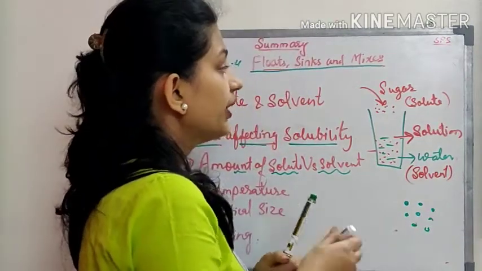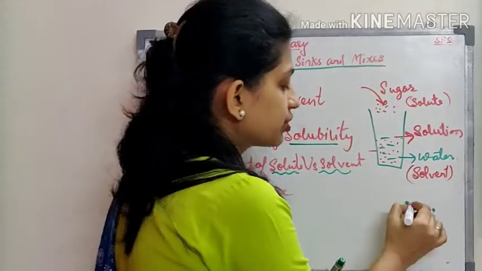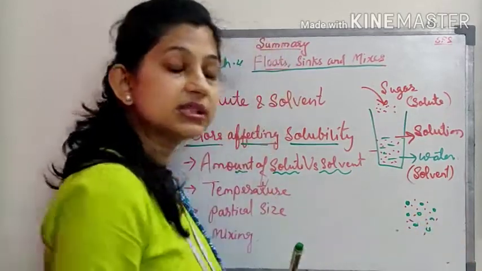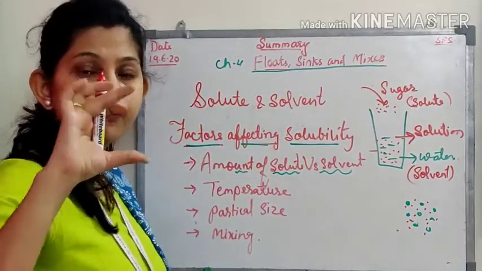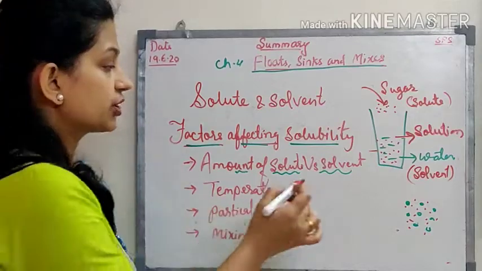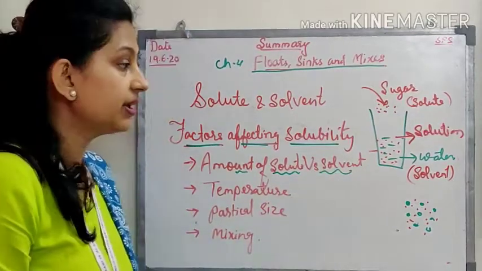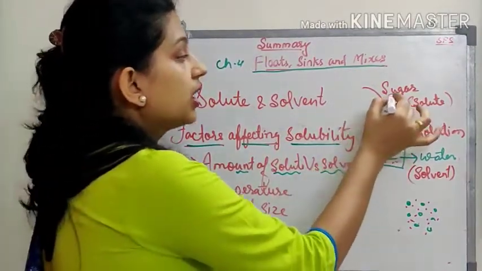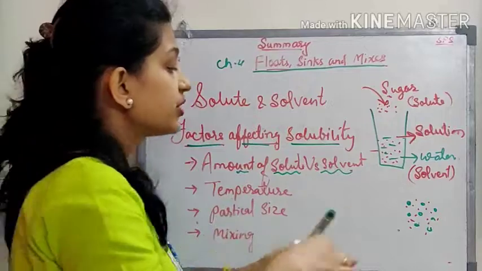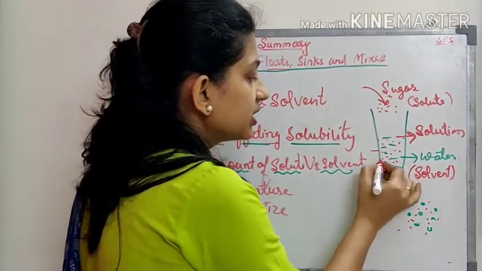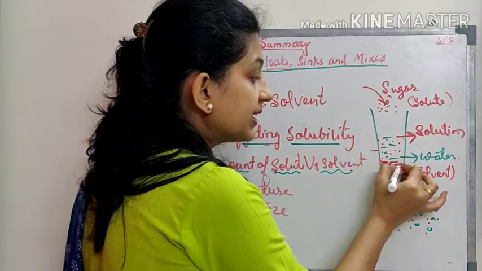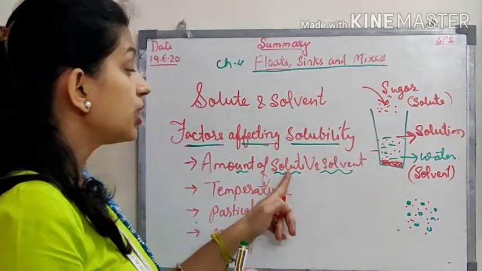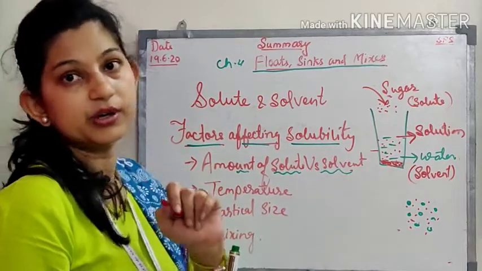So when you added 1 teaspoon of sugar, it dissolved. When you added 2, there was still some space. After that, if you add 7, 8 or 10 teaspoons of sugar in a small amount of water, that is solvent, what will happen? The water will not have much space left to hold sugar in itself. After a time the sugar will start settling in the water. So the amount of solute and solvent is a very important factor.